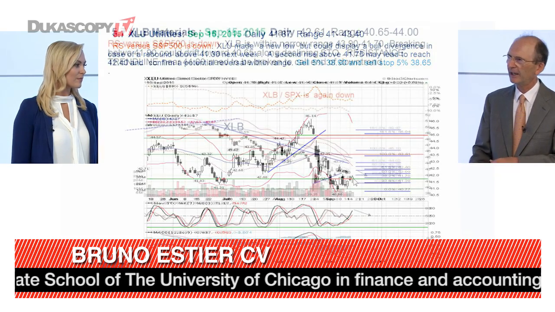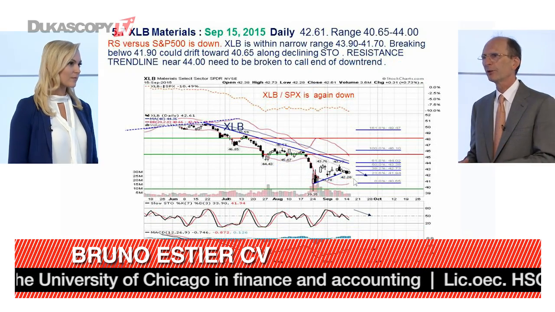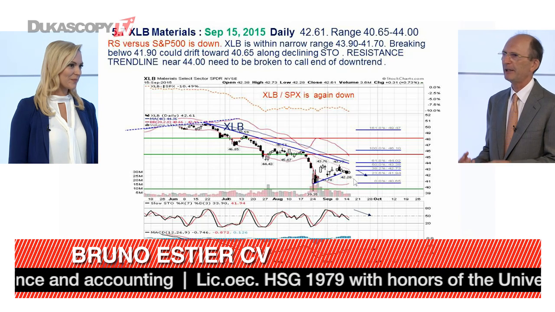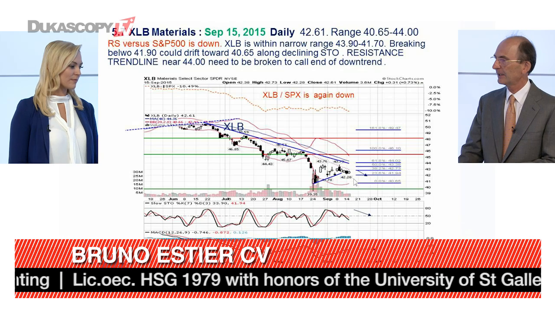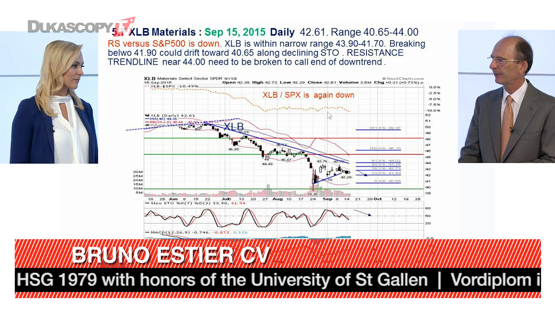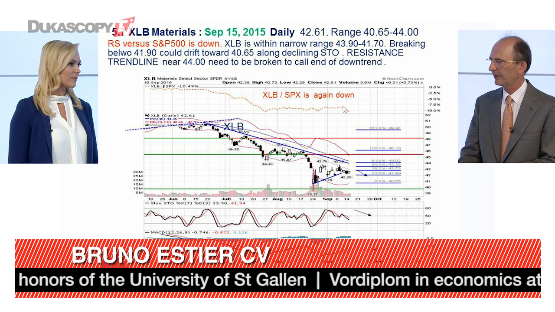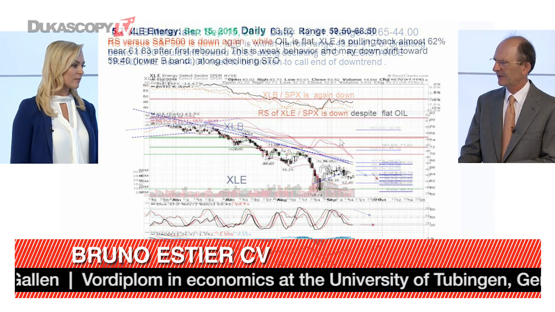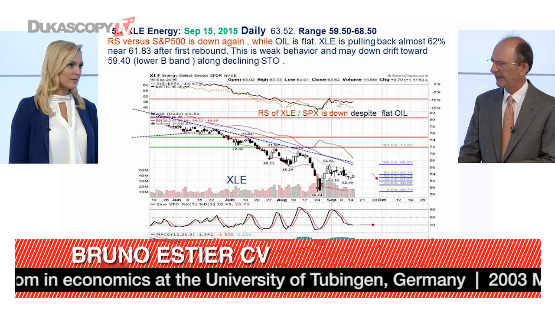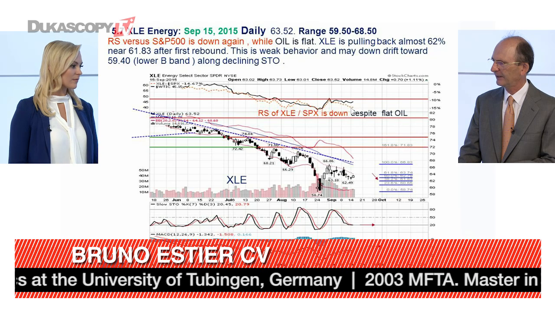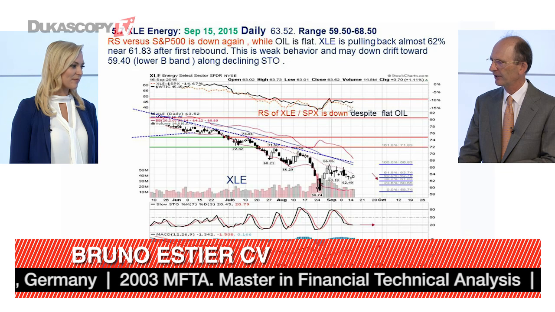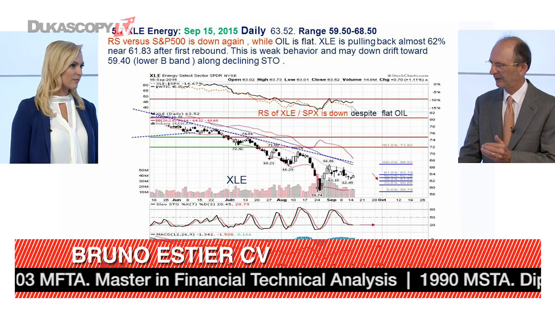Finally, we have the two old draggers, the ones which were dragging the market down, namely materials and energy. Again, after trying to bottom, their relative strength is moving down here. We see that despite the fact that oil has rebounded, the orange line is slightly coming down.